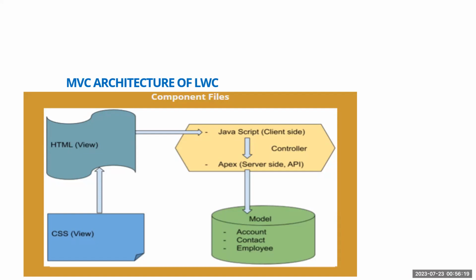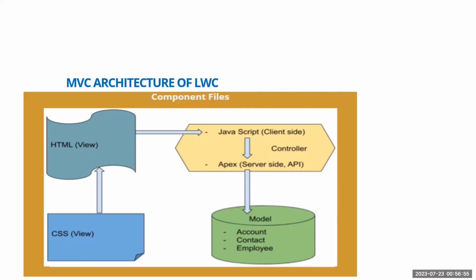So in the MVP architecture of LWC, you see here CSS view, HTML view, and JavaScript client-side controller, and then model. Whatever the model is, you are using account, contact, or any object basically. When you are creating any LWC component, a CSS file will not be created by default. You need to create your own file in the LWC.